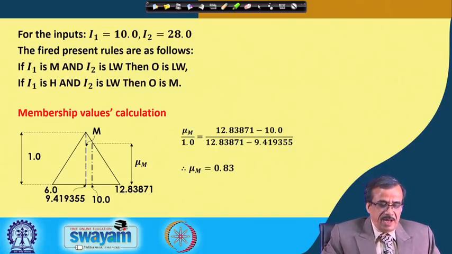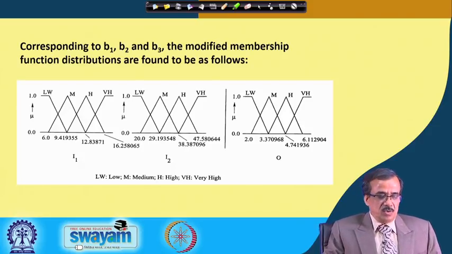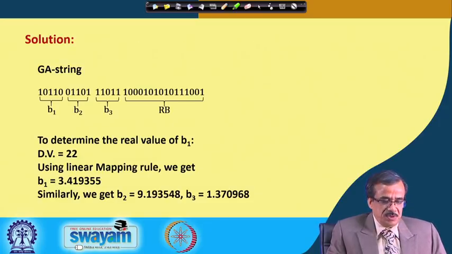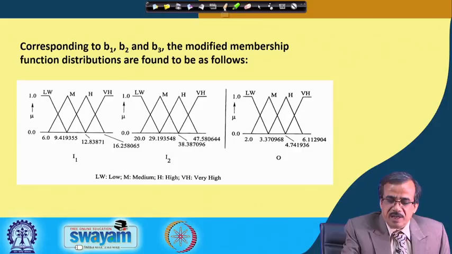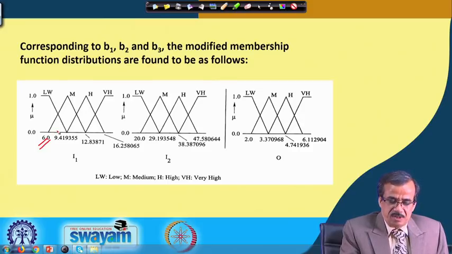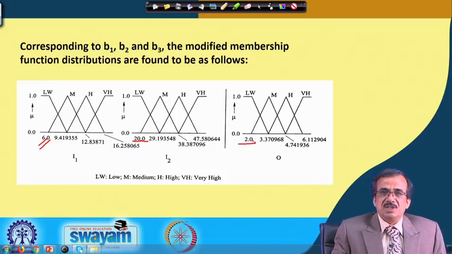Now, we are in a position to find out the modified membership function distribution. The modified membership function distribution will look like this. The starting value for I 1 we keep fixed. Similarly, the starting value for I 2 is kept fixed, and the starting value of the output is kept fixed.